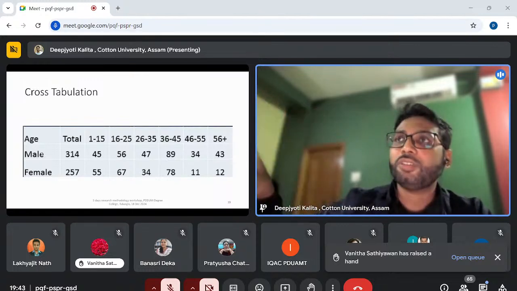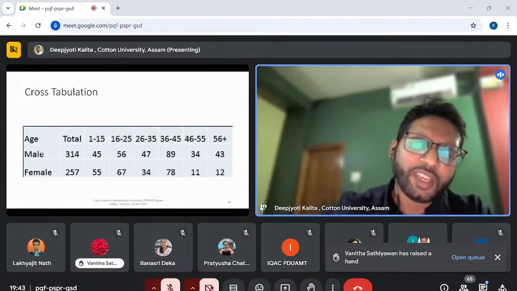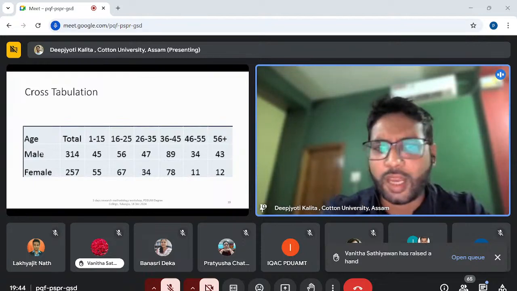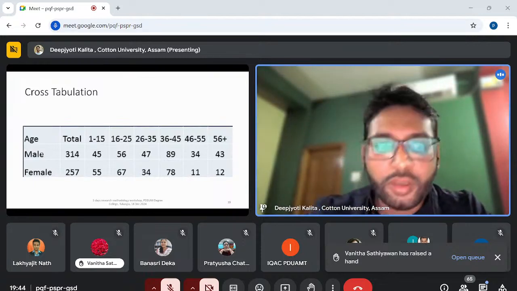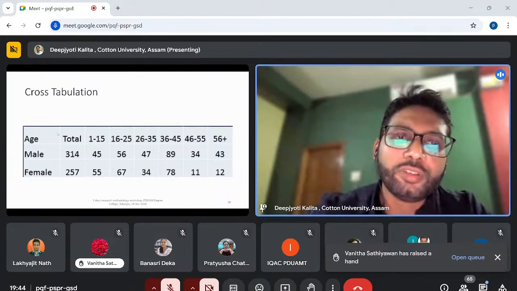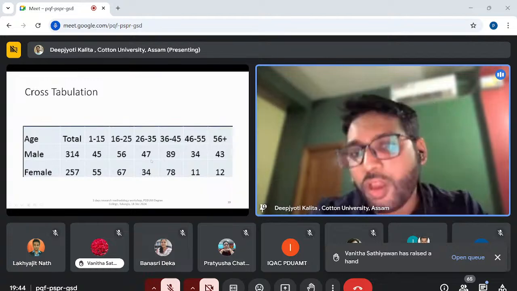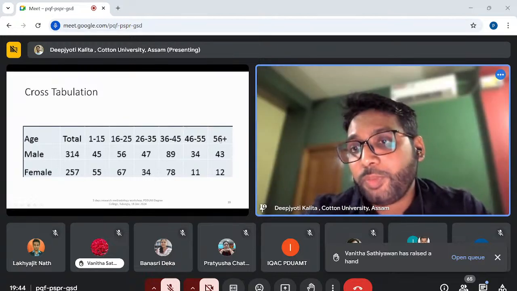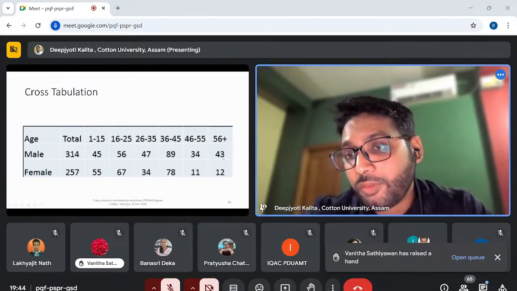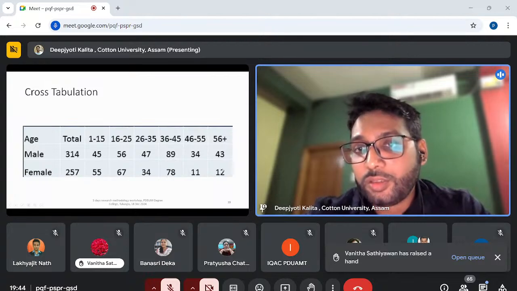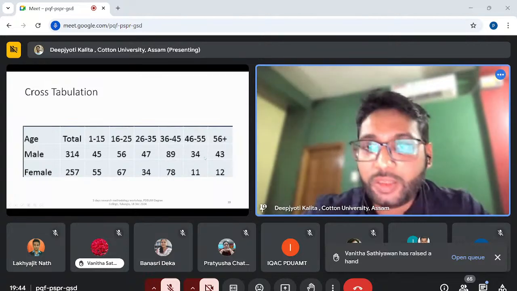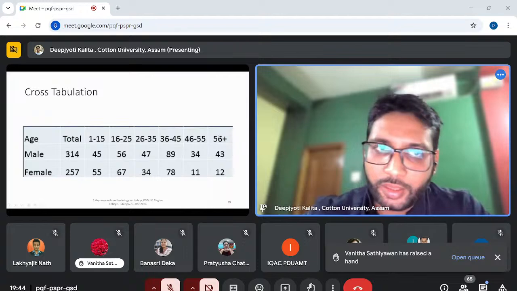So all the questionnaires generate different answers to the various questions we ask, which we call variables. With cross tabulation we can combine these variables into a single table so that it is easier for the readers to understand. Suppose there are 56 people, 53% were male, and 12 were female. It gives a very metric way of representing things.